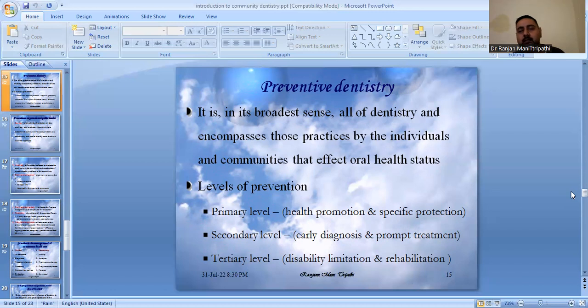If a person is disabled through absence of teeth in older age, you can provide denture and rehabilitation can be done so the person would be able to eat properly.